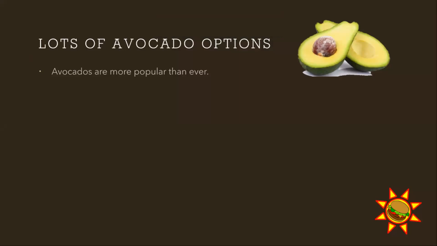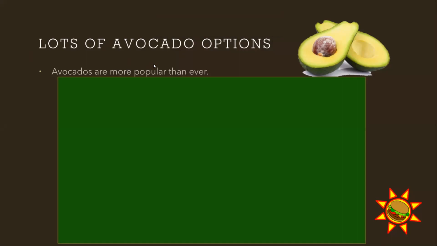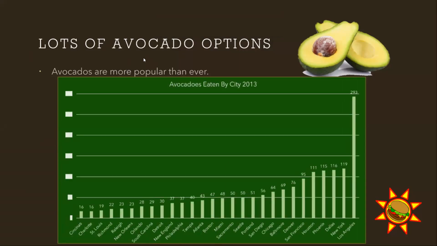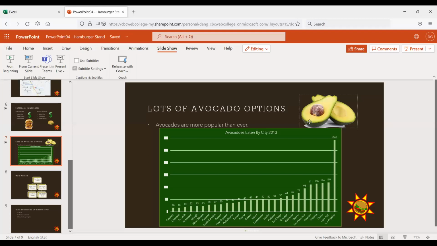We have lots of avocado options. There's our avocado. Avocados are more popular than ever. There comes my fade landing spot for my chart. And here comes the chart. You'll notice we did not animate the avocado. Okay, that's okay, because it kind of highlights the point. On the other hand, you could add an animation if you want to.